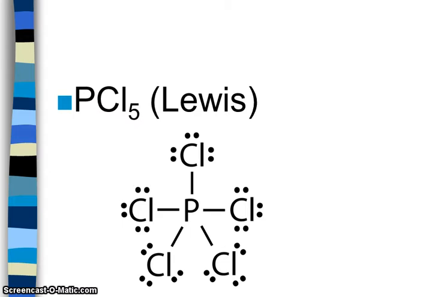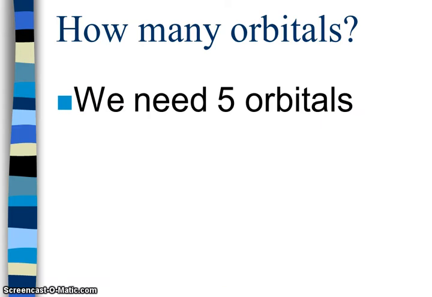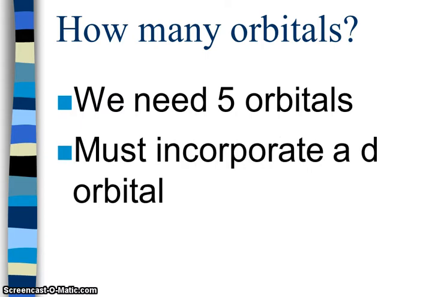sp3 hybridization. But if we look at phosphorus, phosphorus has 5 effective pairs around its central atom. It's got that trigonal bipyramidal molecular geometry. So if we need 5 orbitals around phosphorus in order to make this structure, we're going to have to incorporate d orbitals into our hybridization.